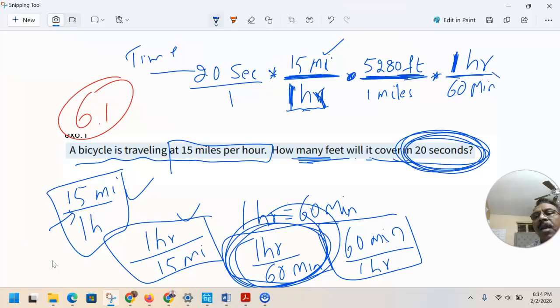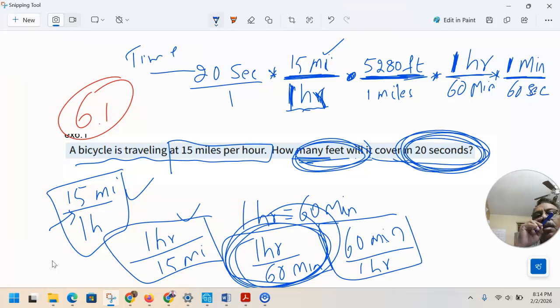And then again, you don't want minutes to remain. Eventually, you want the answer to be in feet, right? You don't want anything in time. So this 1 minute has 60 seconds. We want the final answer to be in feet.